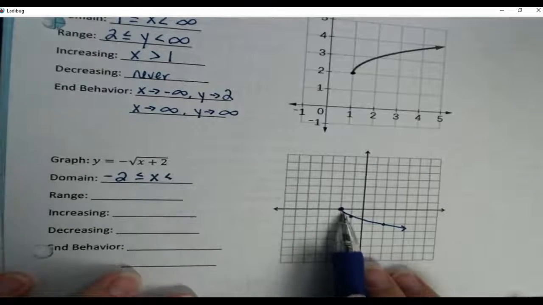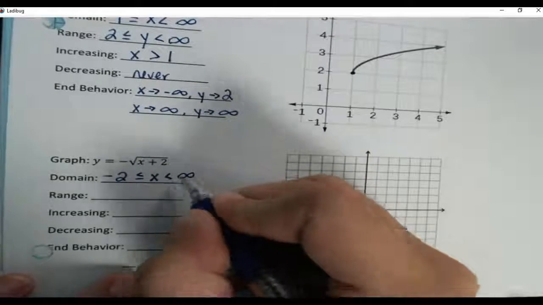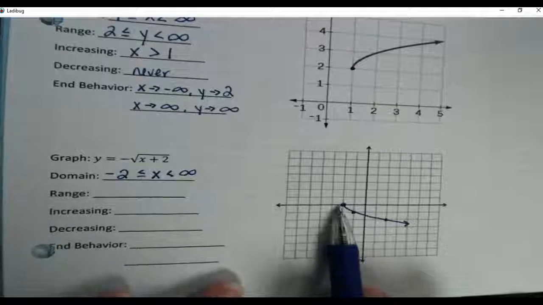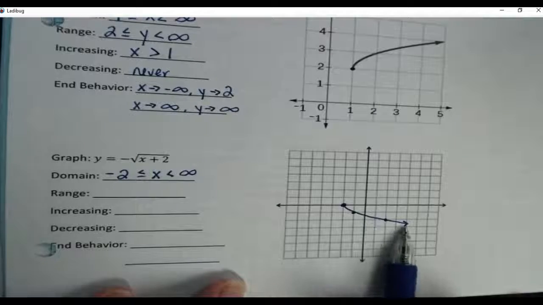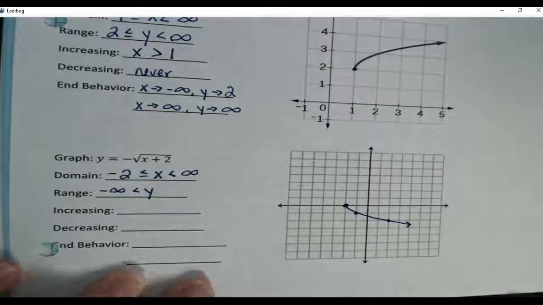And how far right is it going to go? Infinity. Good. Now on this one, our range is a little bit different because how far down does this graph go? So it goes down forever. So negative infinity. Good.